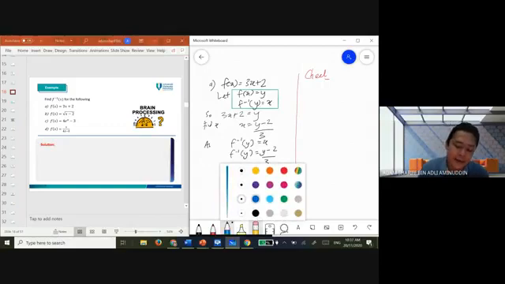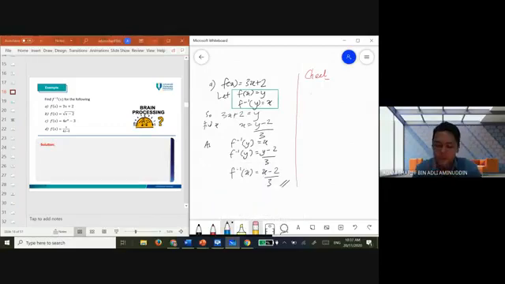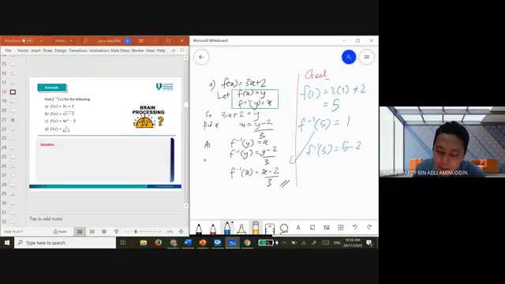Let me put f(1), which equals 5. If my inverse function is correct, when I transform f inverse 5, I should get back 1. f inverse 5 equals (5 minus 2) over 3, you get 3 over 3, you get back 1.